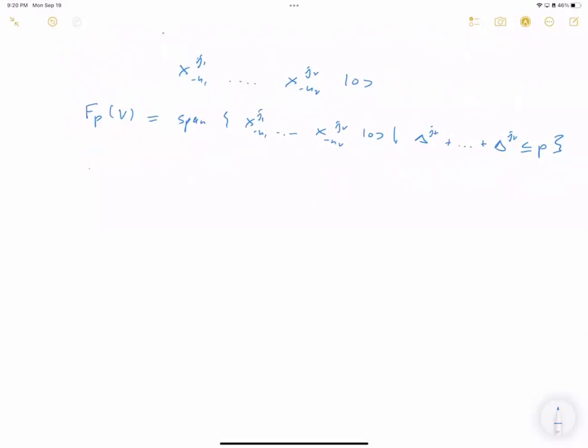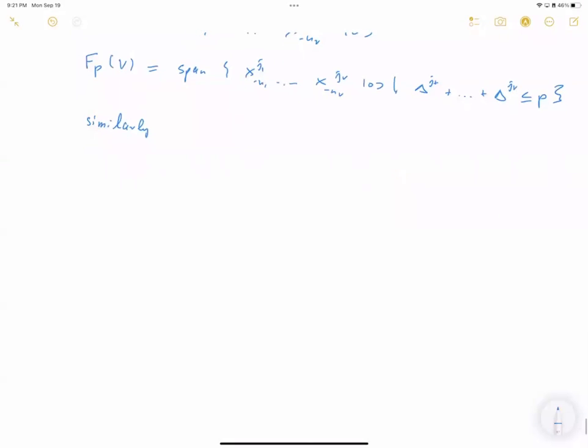And similarly, you can also define such subspaces for a lower bounded module, which is generated by a top level.